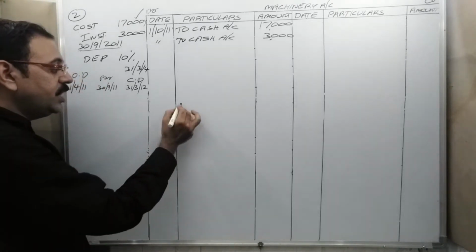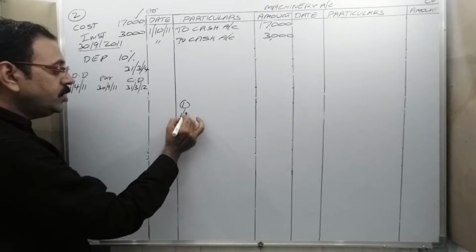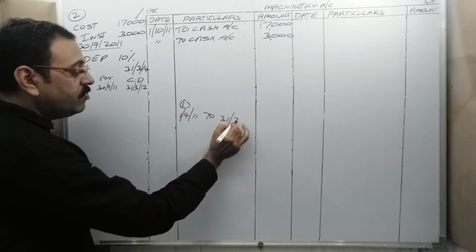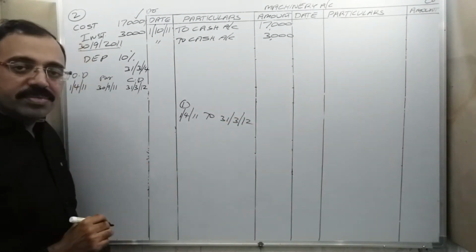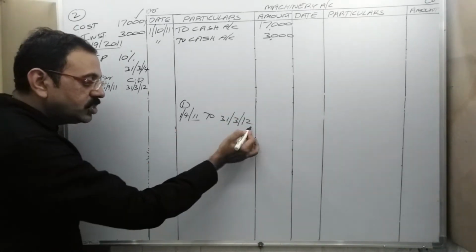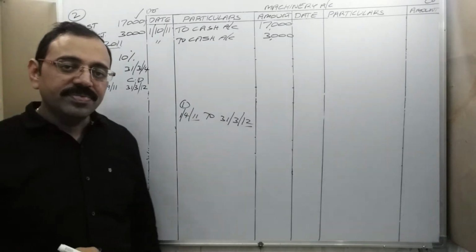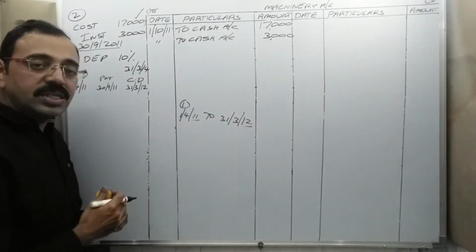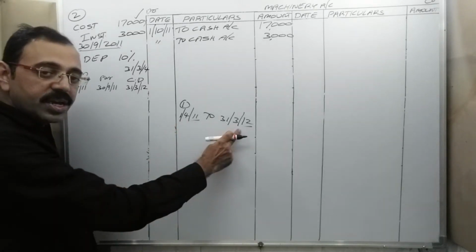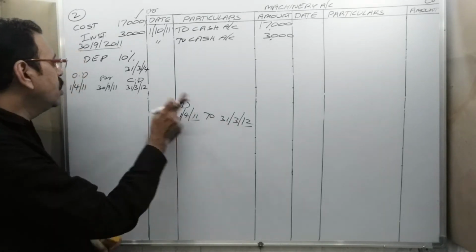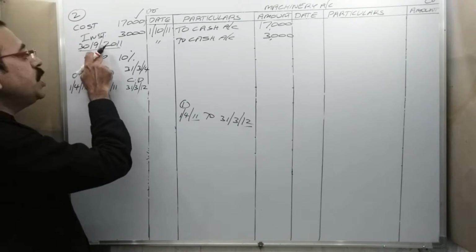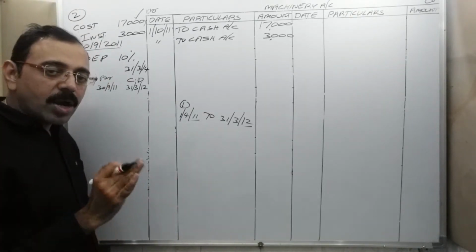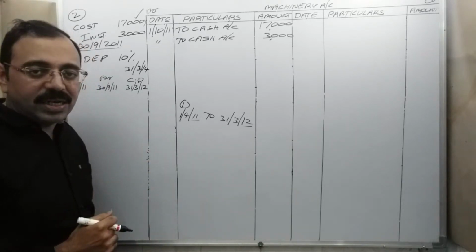So, the first year is from 1/4/2011 to 31st March 2012. 11/12 is your first year. And in this year, how many months did we use that asset? Not the full year. Because when did we buy that asset? On 30 September 2011. So September is completed. From October, we started using that asset.